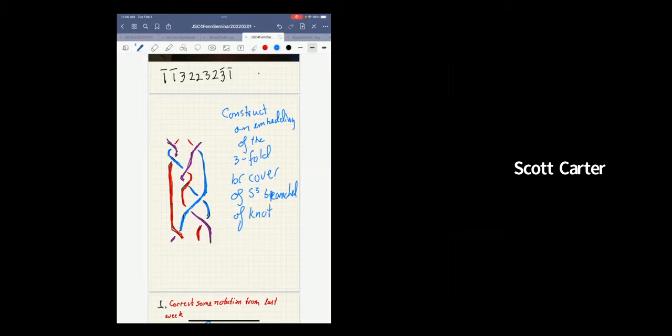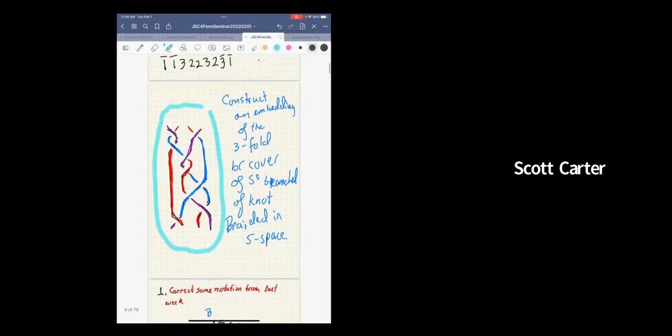This is either going to be 7-4 or 6-1, I think. And so this is going to be braided in 5 space. It's going to be rather explicit by the time the day is done. I'm not going to actually do that with this example, but I should show you the outline of how to do this with this example.